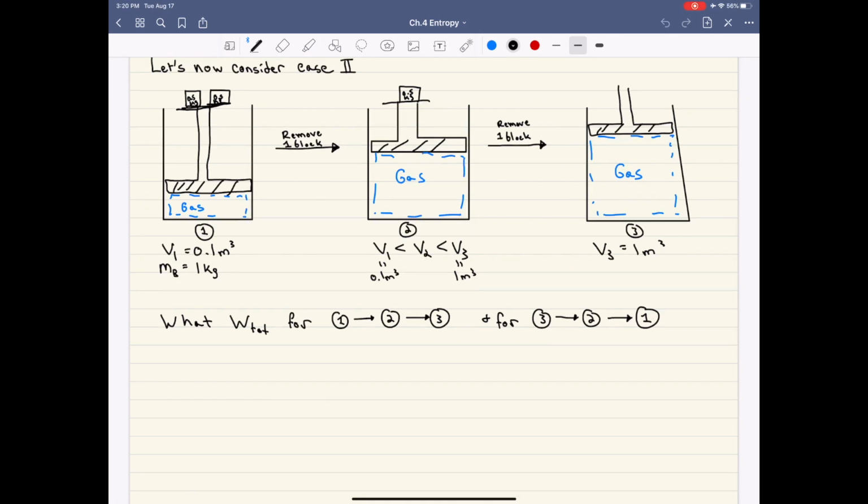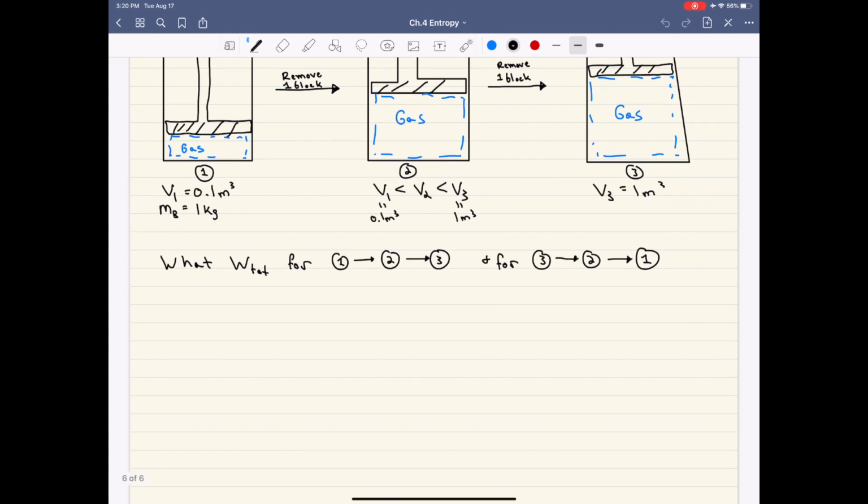To calculate the work, we could do a similar analysis to what we did in case 1. When the system is expanding from state 1 to state 2, we could once again split this process into 2 separate steps, where first we look at how the pressure changes, and second we look at how the volume changes.